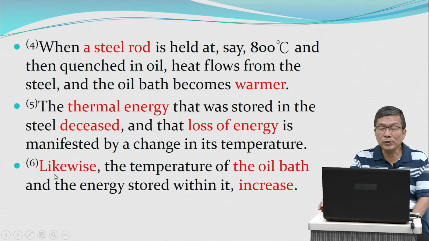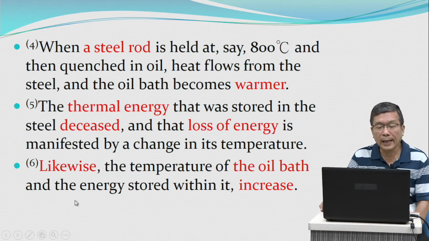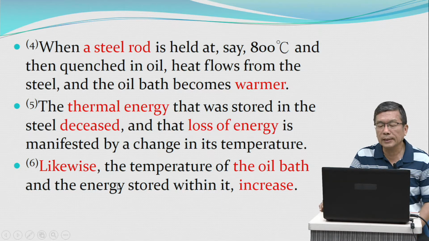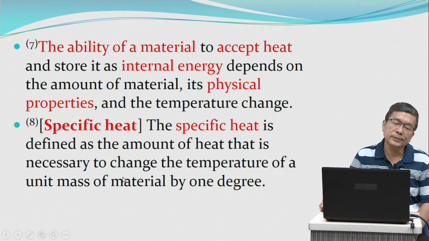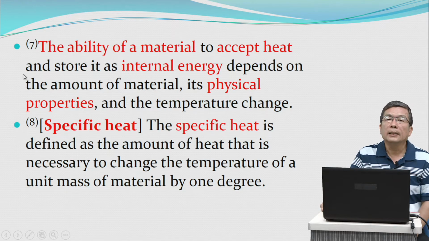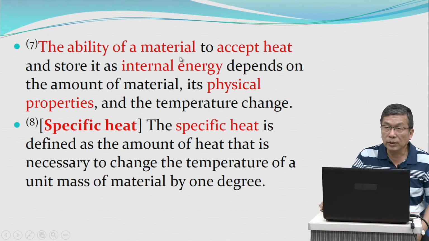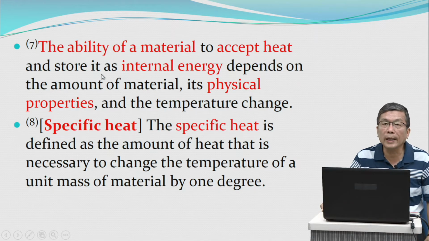Likewise, the temperature of the oil bath and the energy stored within it increase. The ability of a material to accept heat and store it as internal energy depends on the amount of material, its physical properties, and the temperature change.